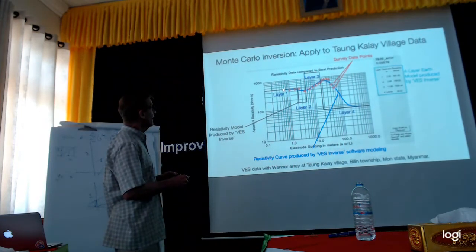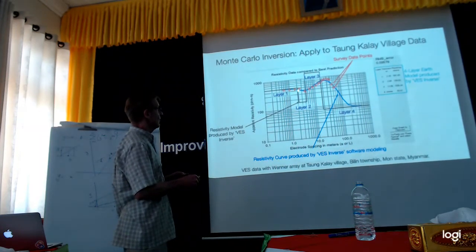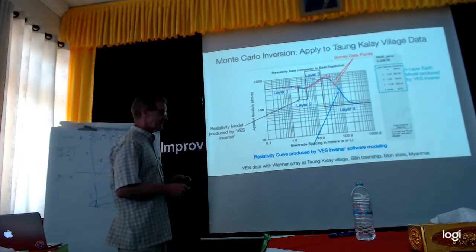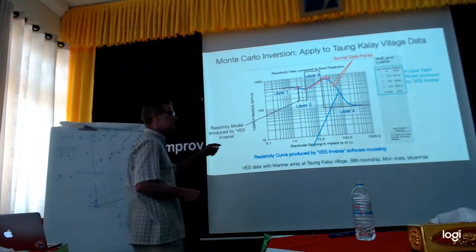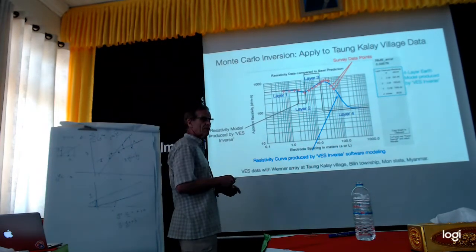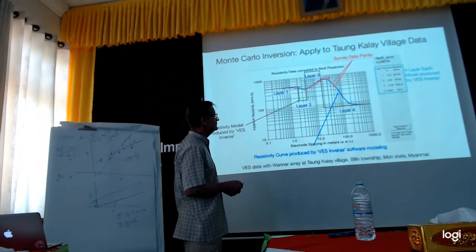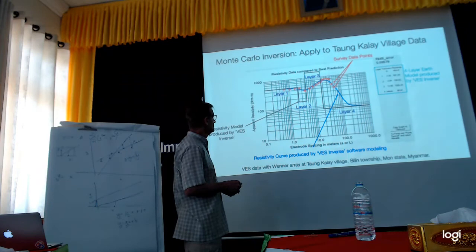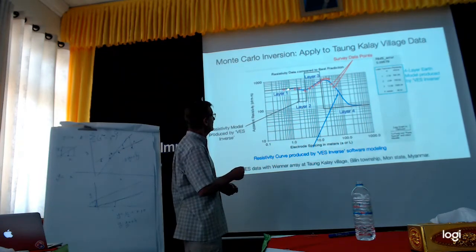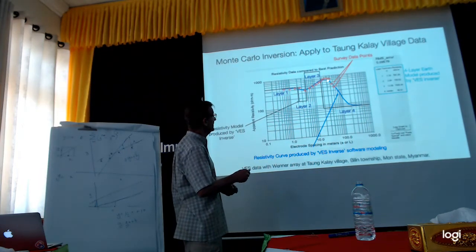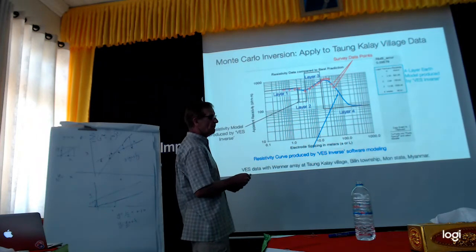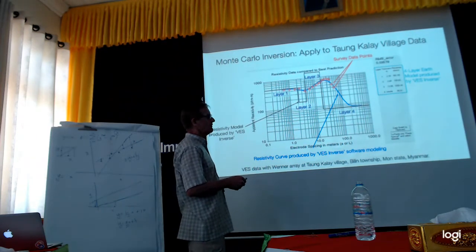So this is also an example that you might remember. The red X's here or crosses are the field data. So those are the data. The model was a 4-layer model.